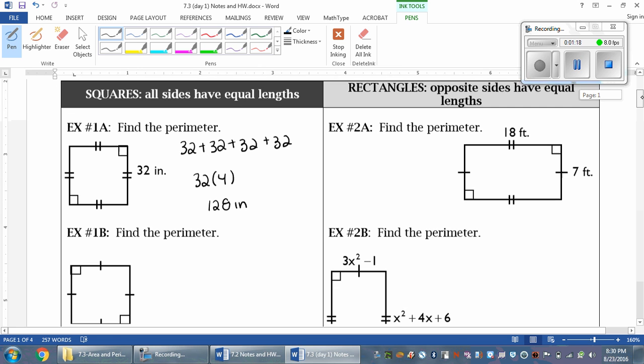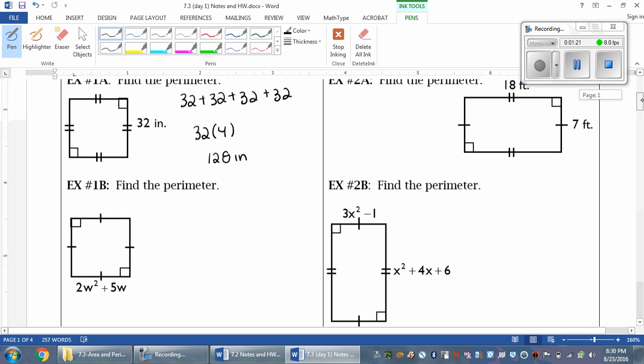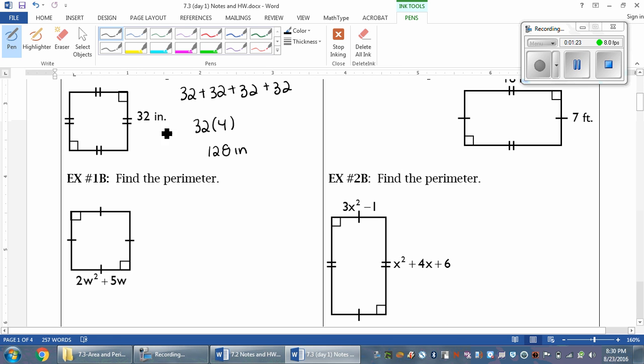All right, let's go ahead and find the perimeter of 1b. Now, instead of giving you numerical values for the length, I'm going to give you polynomial dimensions. So my polynomial dimension is 2w squared plus 5w. Since it's a square, all sides are equal to 2w squared plus 5w.